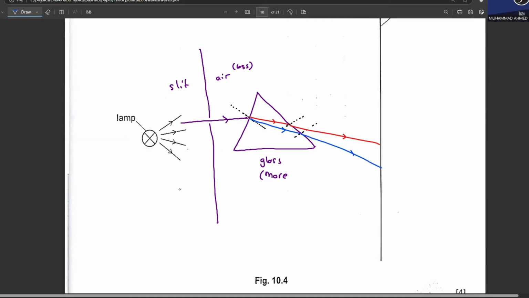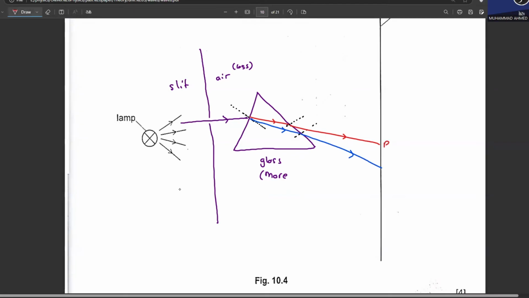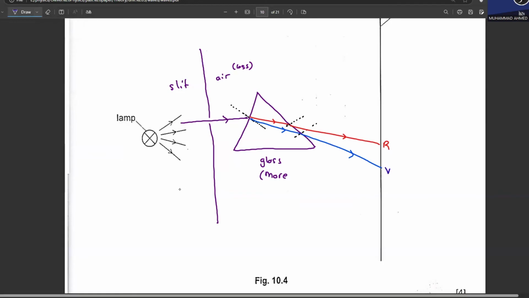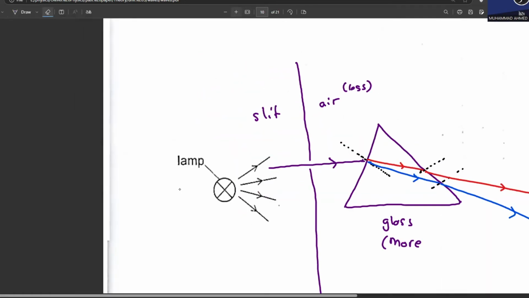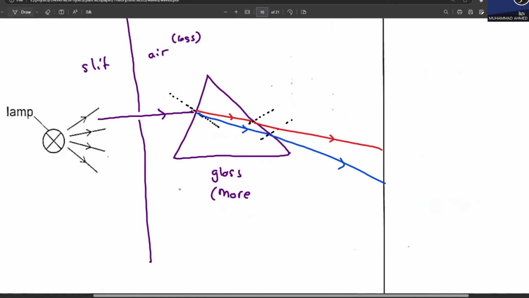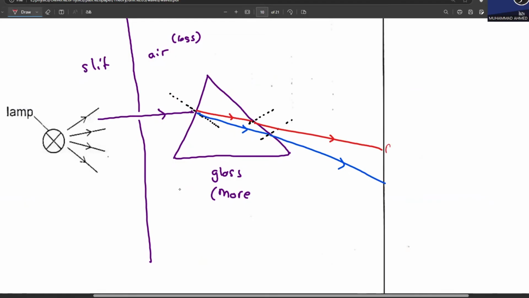So, somewhat like this. You can also label that this is red light, this is blue light, or you can say violet. Violet would be a better labeling because it will cover the entire range. Let's zoom in a bit and decrease the thickness. Let's say this is your red.